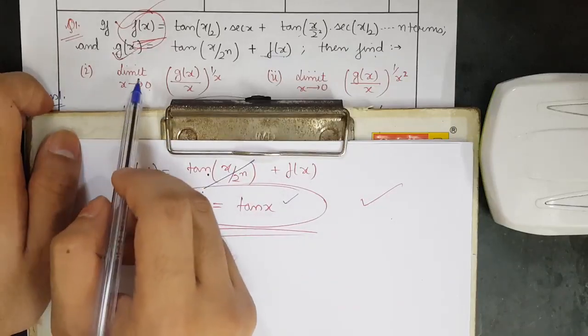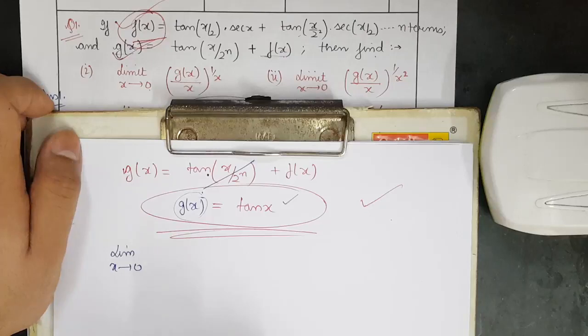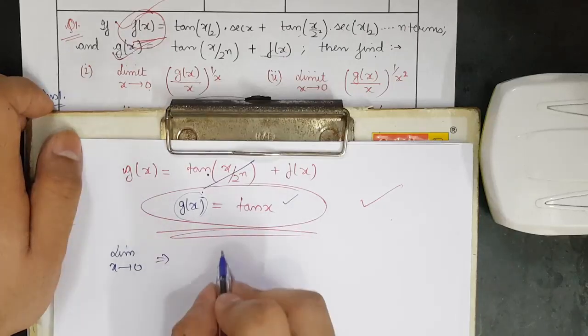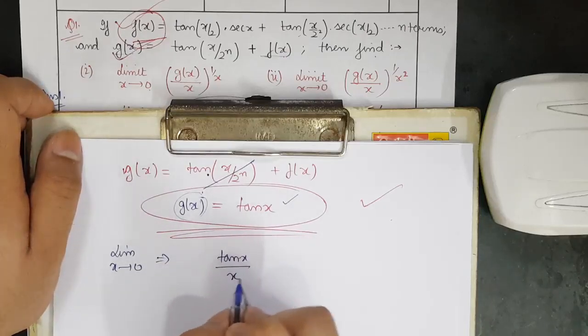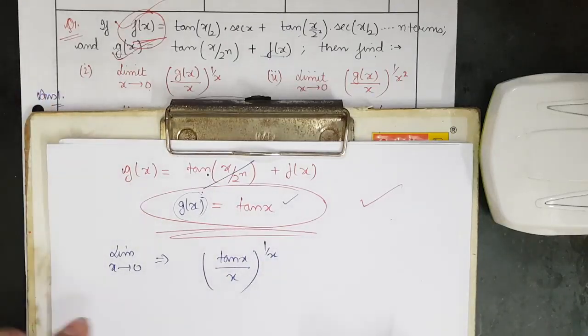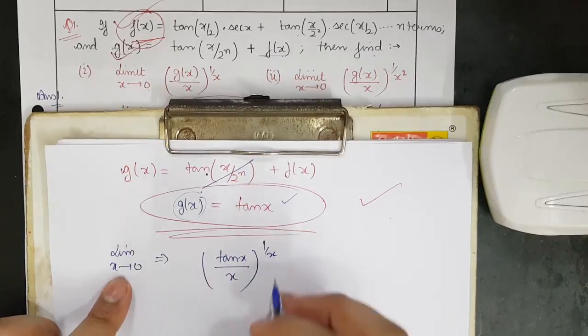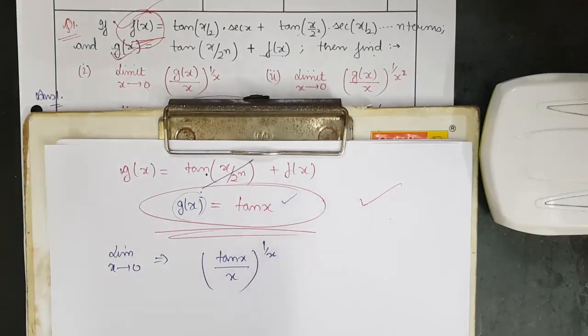So the first part is limit x tending towards 0, (g of x upon x) raised to power 1 by x. So g of x is equal to what? (Tan x upon x) raised to power 1 by x. We need to find the value of this. As x tends towards 0, the value of tan x by x tends to 1, and the exponent tends to infinity.